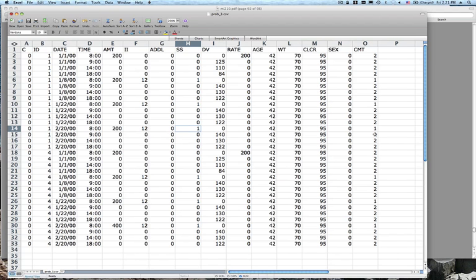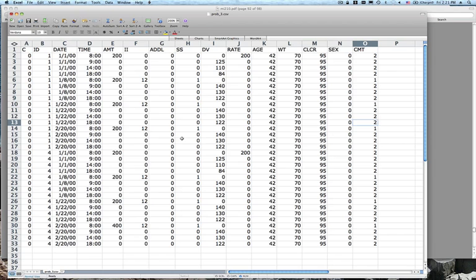Now keep in mind here that what we're doing for all of these oral doses is that they're dosed into compartment 1. The first dose is dosed in compartment 2 because that's the central compartment. That's an IV dose. But subsequent doses are oral. So they're dosed into compartment 1 in each case. And of course, compartment is 2 for all the observations because our observations are plasma concentrations which we're observing from the central compartment.